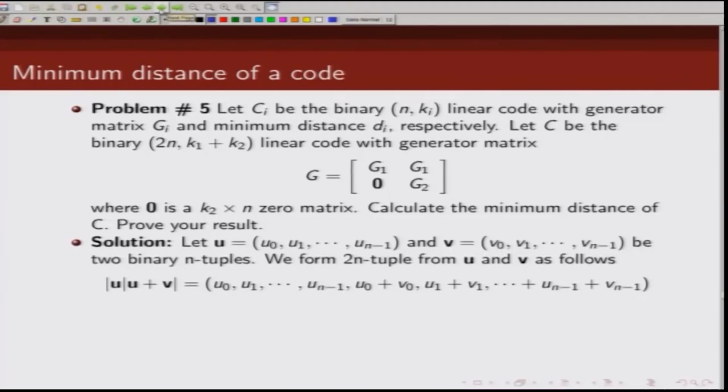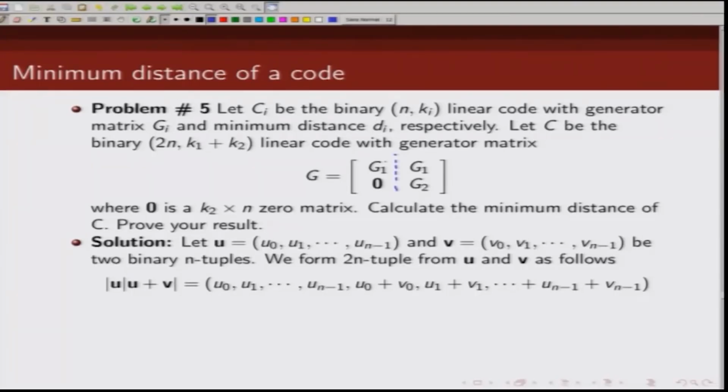To find the minimum distance, let u and v be two binary n-tuples, and we form our code word as follows. If you look at this code word, how is it generated? It is one n-bit code word followed by another n-bit code word.